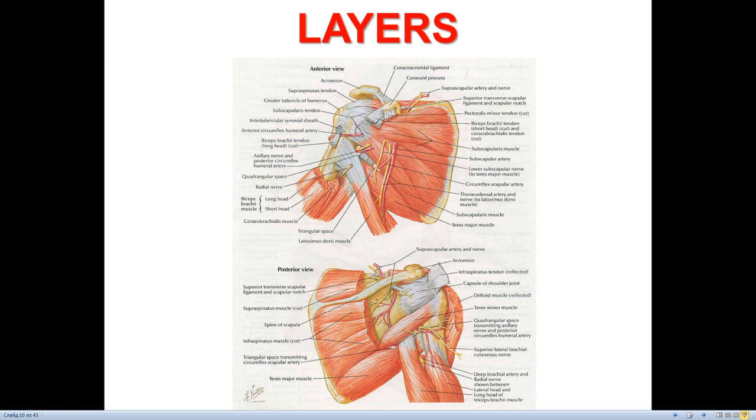Subskin fat develops very poorly. Proper fascia, fascia axillaris, is thin at the ends and thick in the center.